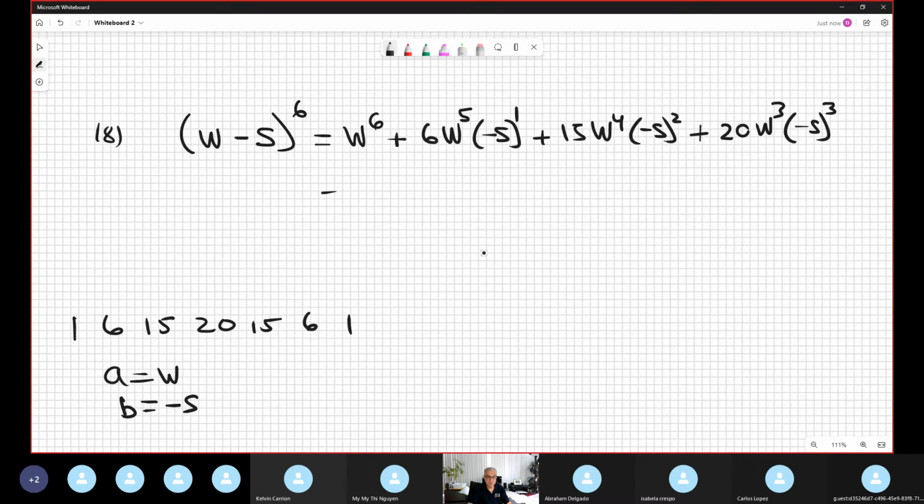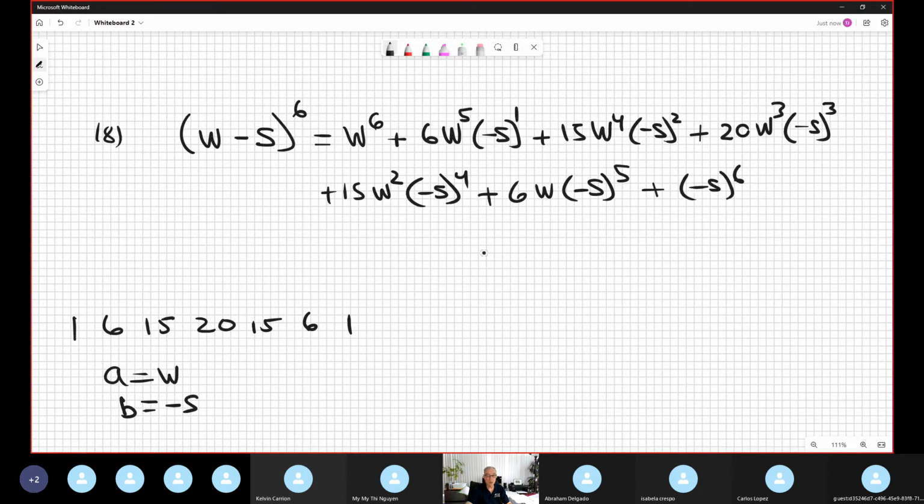Plus 15 W second minus S to the 4th power. Remember, 4 plus 2 is 6. Plus 6 W1 minus S to the 5th power plus minus S to the 6th power. Boom.